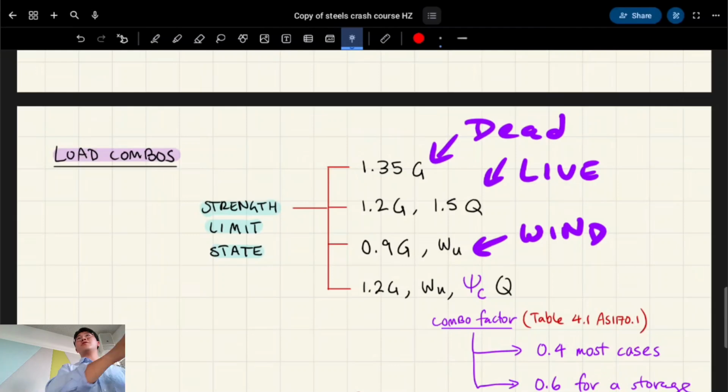Worst case scenario number two is, okay, we'll consider the dead and live loads acting together now, right? That's having your dead loads again, exaggerating it by 20%. I'm getting that number from this, by the way. And then getting your live loads and exaggerating it by 50%. And the reason why this is higher is because live loads can vary more.